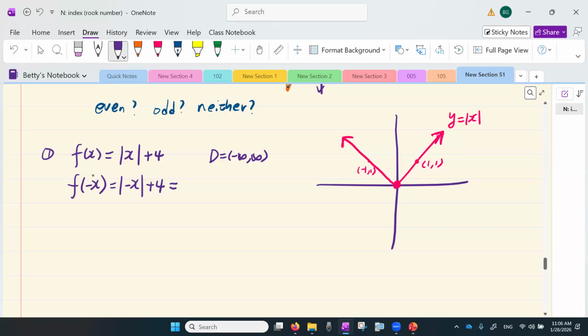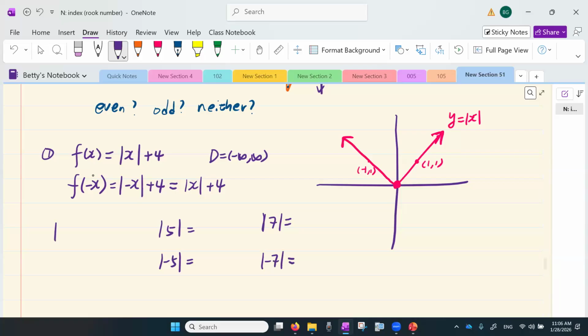What's the absolute value of negative x? Isn't that the same? Isn't the absolute value of the opposite of x the same as the absolute value of x? You know what I'm saying? Because let's think about it: what's the absolute value of 5? What's the absolute value of negative 5? What's the absolute value of 7? Negative 7?